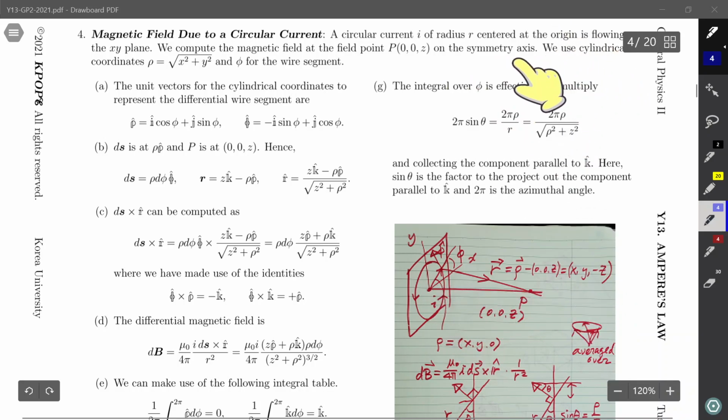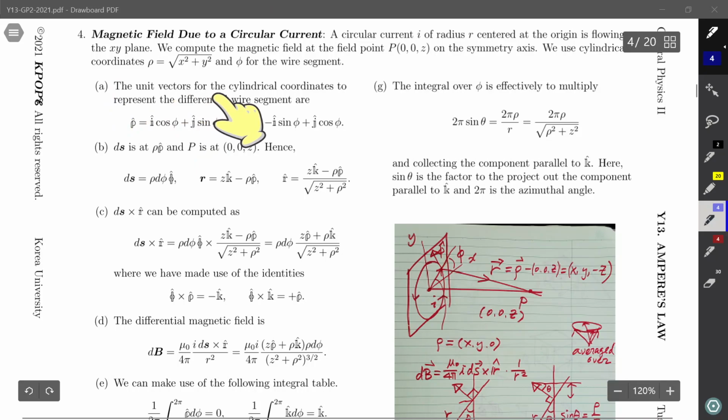We use the cylindrical coordinates rho, where rho is the square root of x squared plus y squared, with x and y the coordinates of the wire element, and phi the azimuthal angle for the wire segment.